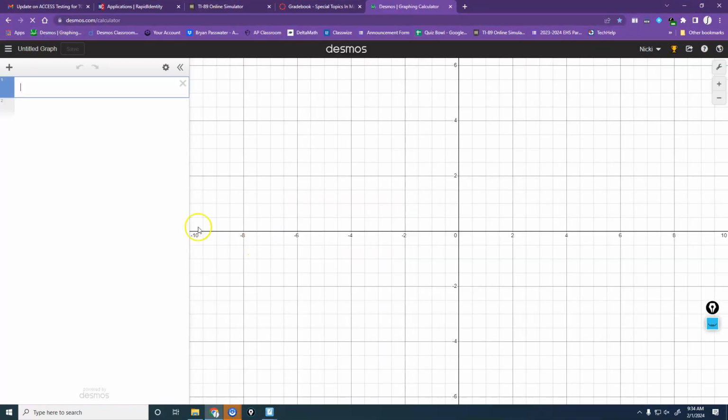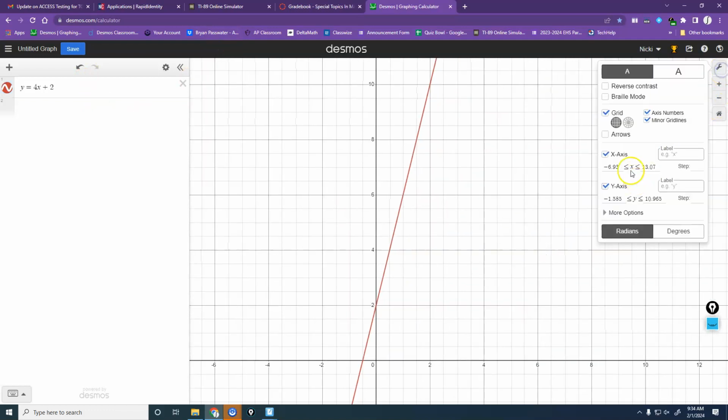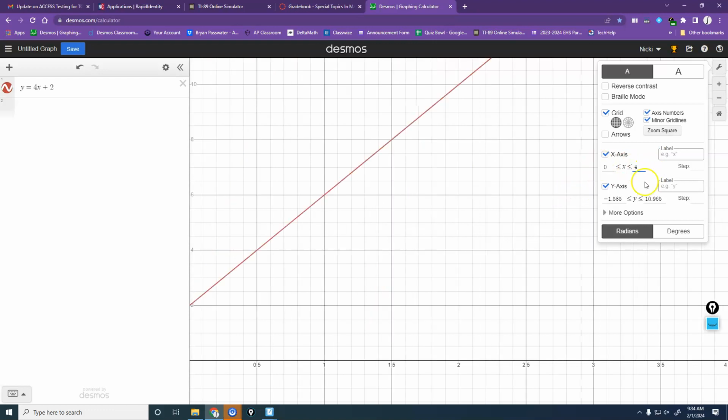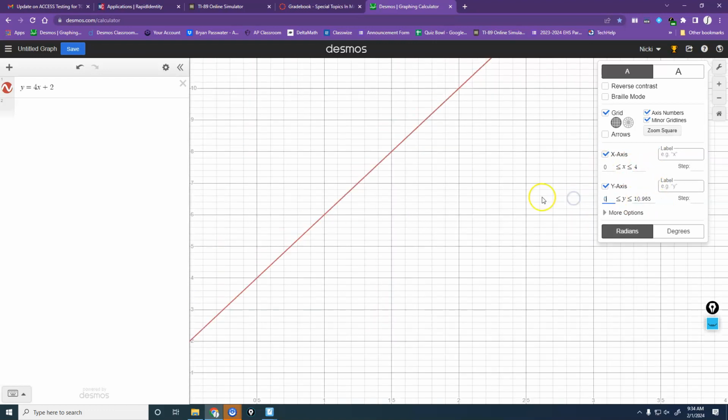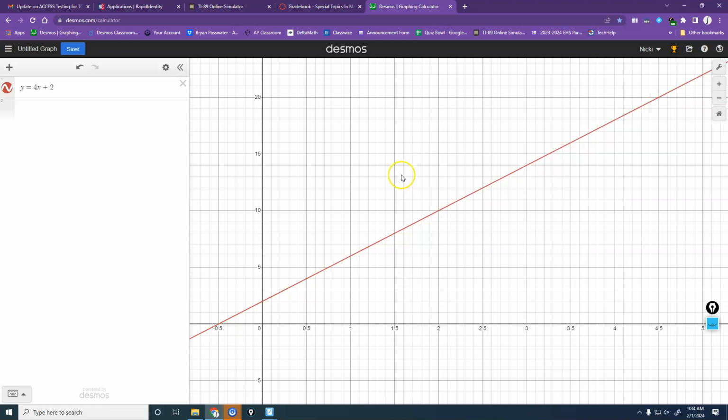Up 4 over 1, so y equals 4x plus 2, and let's make this go from 0 to 4, and we're probably going to need a y-axis that goes up to maybe 20. That'll be enough right there. So let's do x equals 0 and x equals 4. We're looking for this area under the curve.